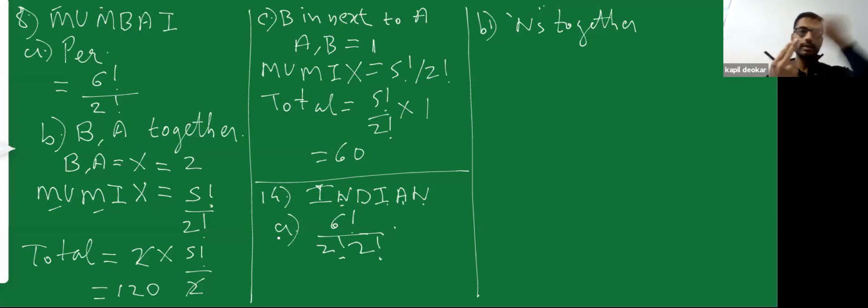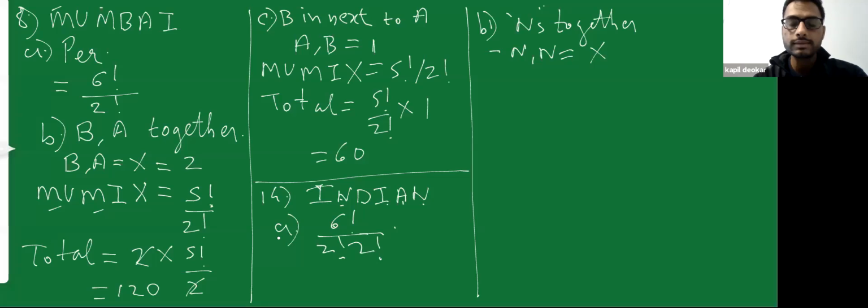I consider them as one unit, tie them up together, and consider that unit as X. So I take my two N's, consider them as X. Rewrite my word again: I, D, I, A, and instead of writing N and N, I write X. How many letters are there in my new word? 1, 2, 3, 4, 5. So my new word can be arranged in 5 factorial ways. But in that I is repeated twice, so I'll have to divide by 2 factorial.